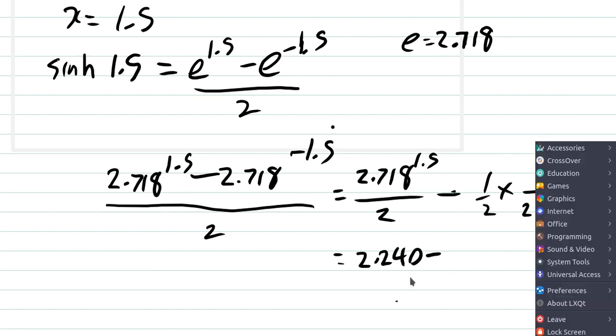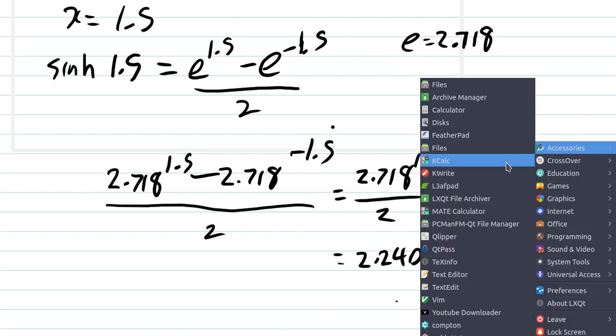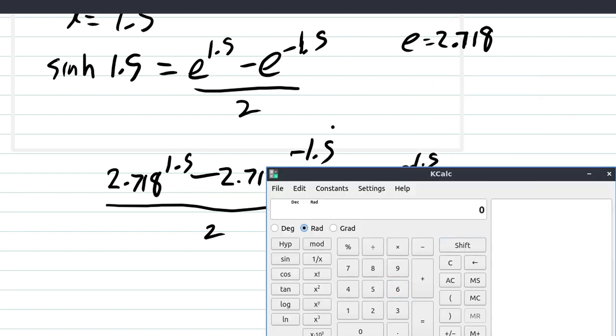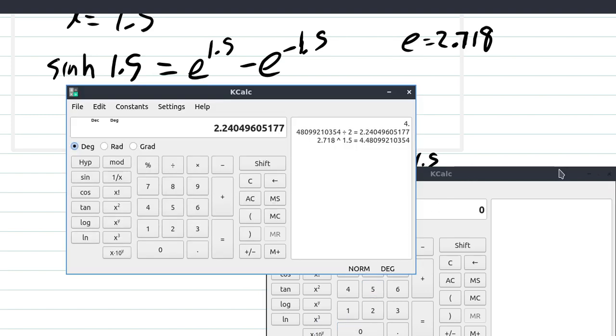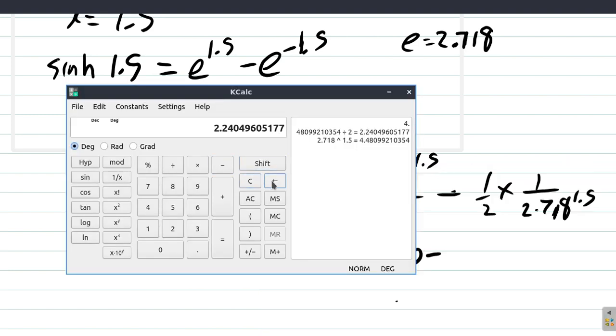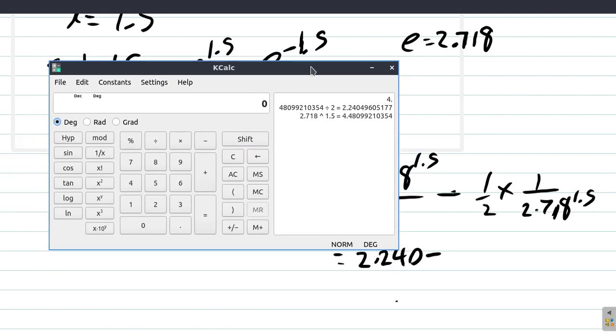Then we're going to do this calculation. So now we have 2.718 to the power of 1.5 equals, and we say 1 over that.